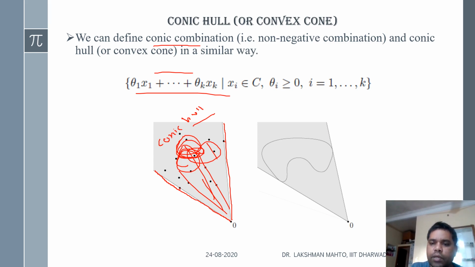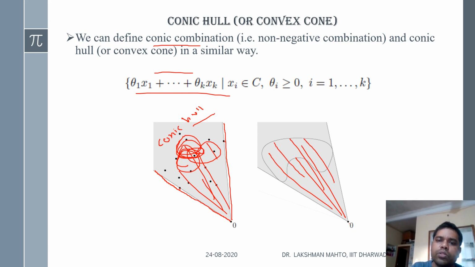Now we take another set. You can see it here. It is a non-convex set. If we have a non-convex set, we find a support over that set with respect to the origin. We try to find a support that passes through the origin as well. In that process we get two supports. We consider these as extreme directions, and based on that we can find all possible conic combinations. The result is a cone.